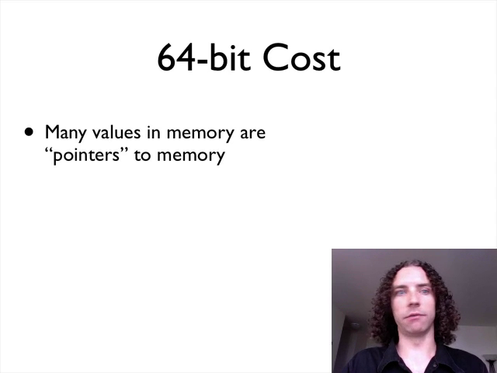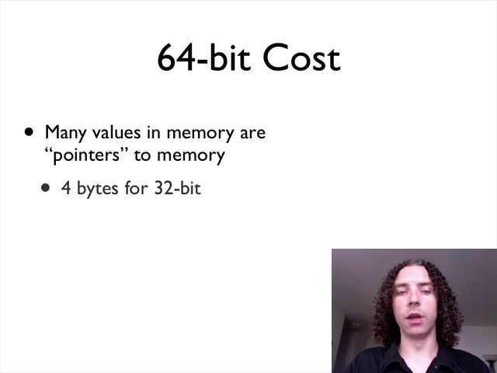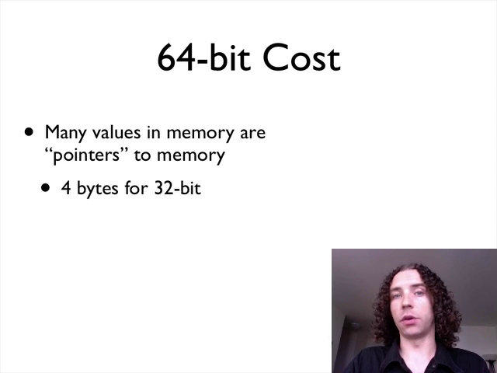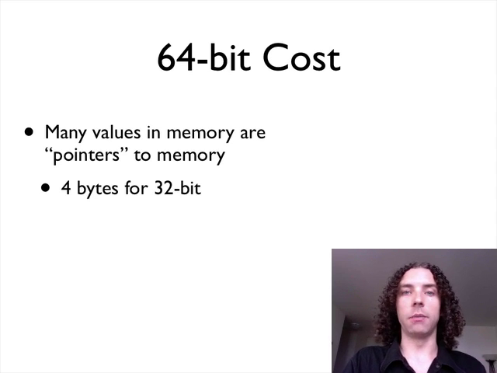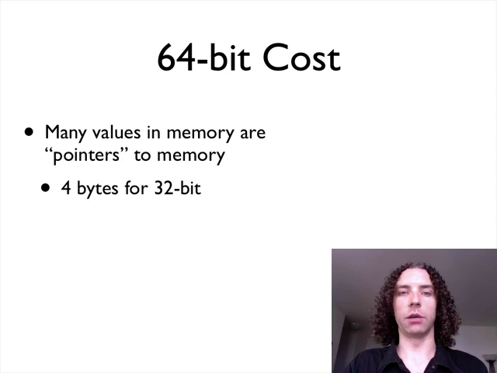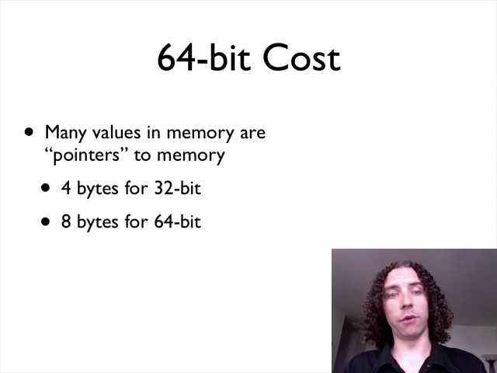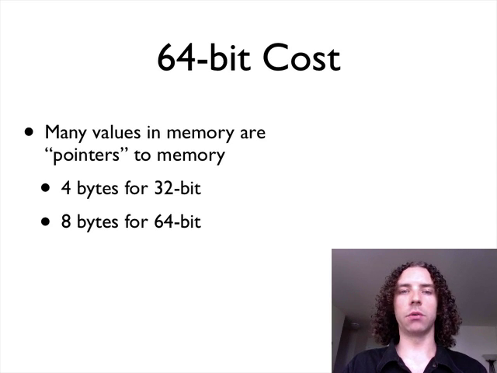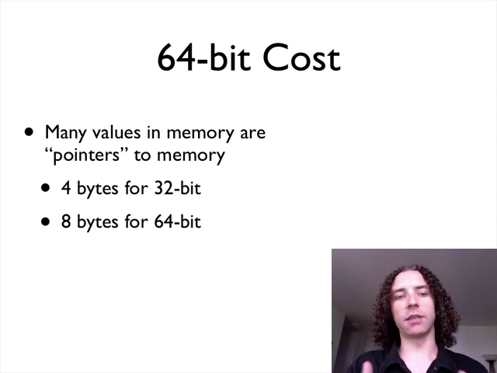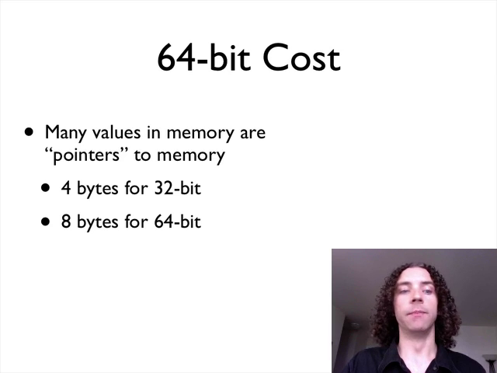So that's what most processes are actually storing. And so if you had a 32-bit processor, that's going to be 4 bytes of data that you're actually using to point to something else. Now when you go to 64-bit, now it's 8 bytes. So suddenly some aspects of your data storage actually doubled in size. So this does make things bigger.